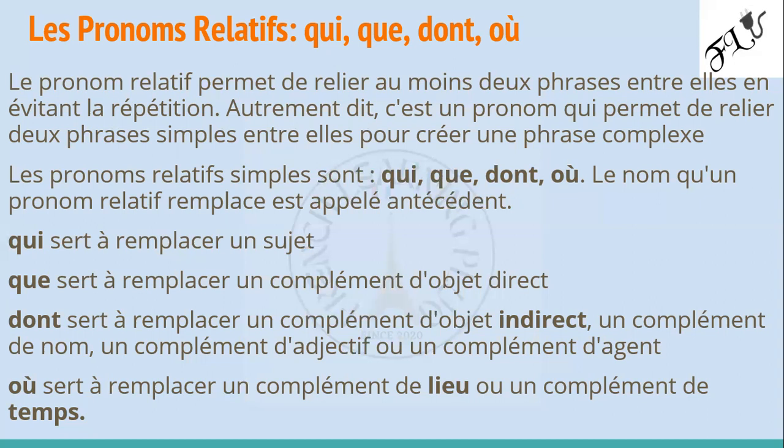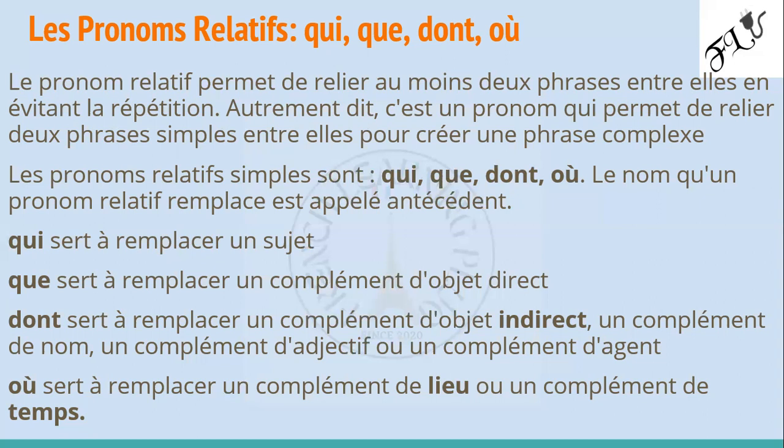Now let's go further. We've seen the 4 relative pronouns in French: qui, que, donc, où. What do they do? Qui sert à remplacer un sujet. Qui replaces the subject of a sentence.